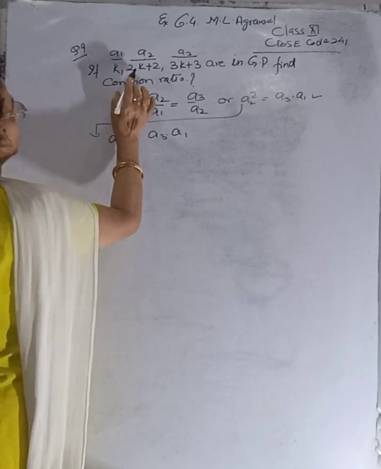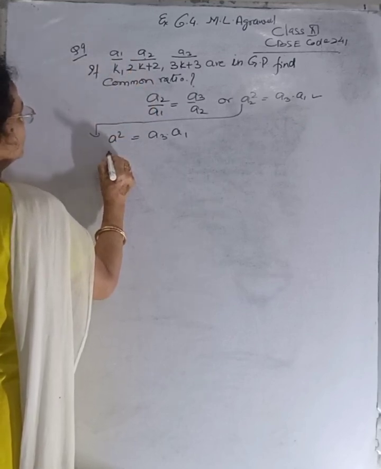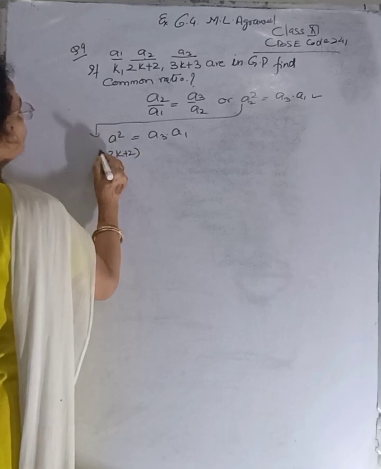Now A2 is 2 times K plus 2, whole square.